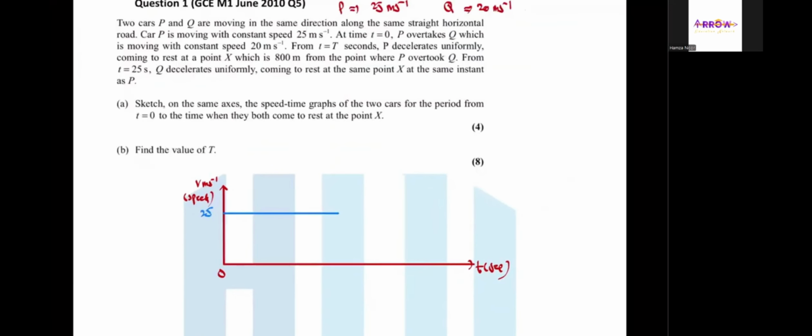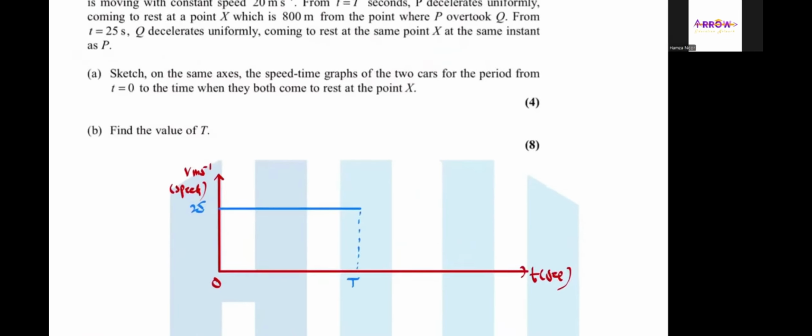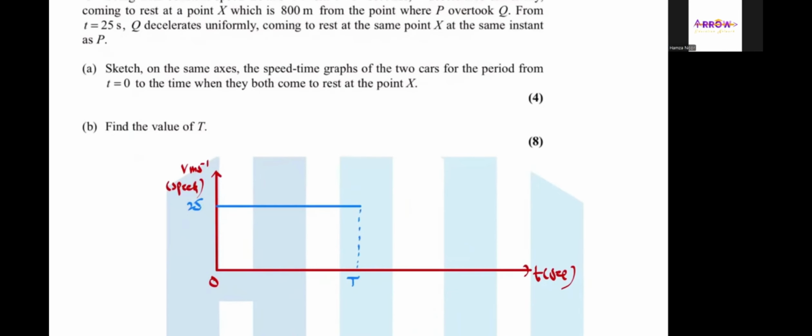And for car P, from t is equal to uppercase T seconds, speed decelerates uniformly, coming to rest at a point X, which is 800 meters from the point where P overtook Q. So when t is equal to uppercase T, the speed of the car starts to get reduced constantly, and it comes to rest at a point X, which is 800 meters away from the initial point, where P overtook Q.